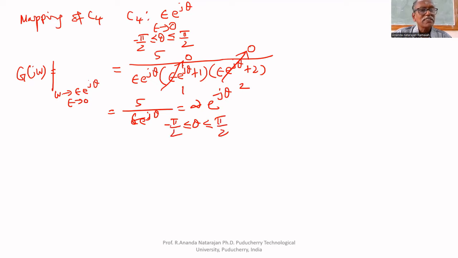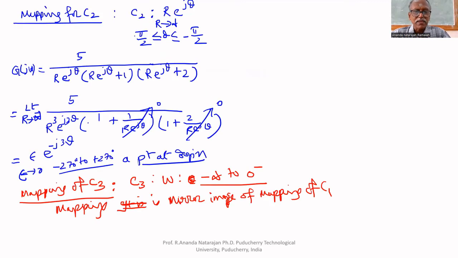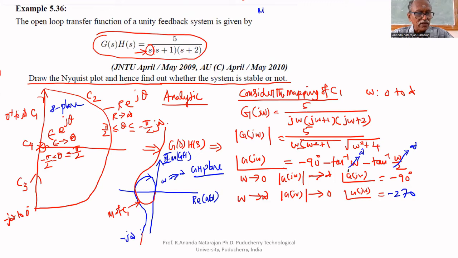Because of this minus sign, the mapping has a radius of infinity, and the angle varies from plus pi by 2 to minus pi by 2.